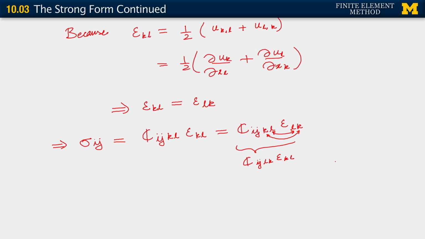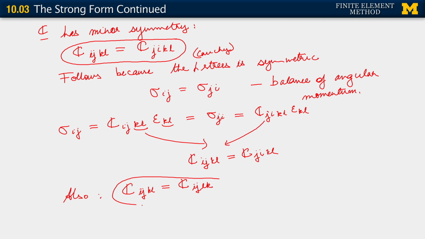All I've done there is switch the position of the k and l indices. It doesn't matter because they're dummy indices and they're being contracted out anyway. But then if you compare this and that, it implies that C_ijkl equals C_ijlk, which is what we had set out to prove for the second of our minor symmetries.